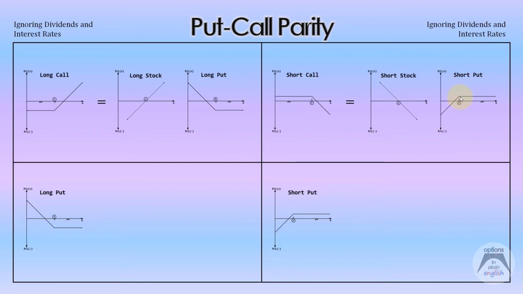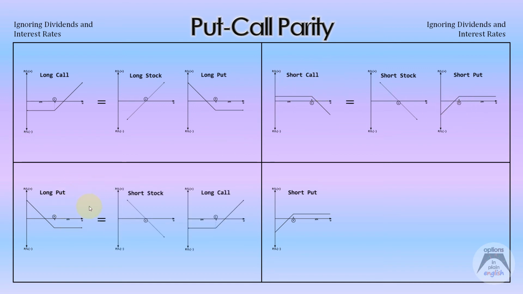But this is going to start losing right at this point. It's going to start going down, but it's going to be offset by this portion. So at the strike price, this is going to be constant from this point and all the way to zero. That's why this is the P&L risk profile for a short call.